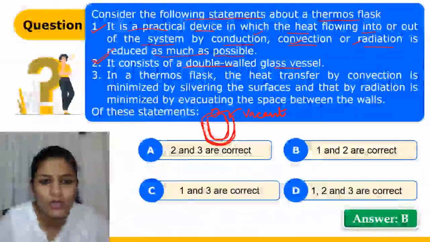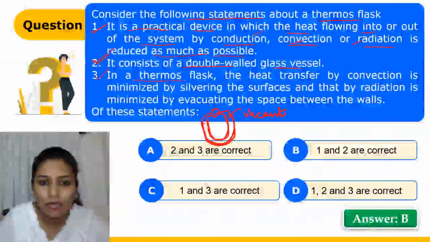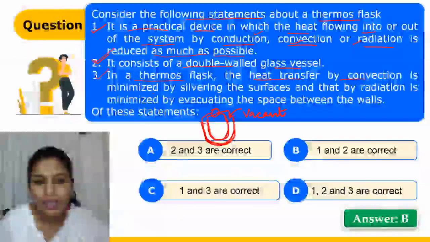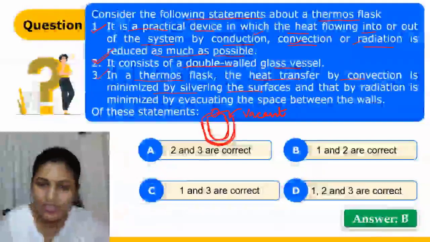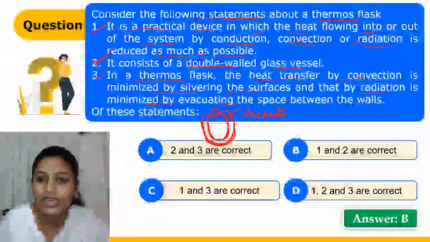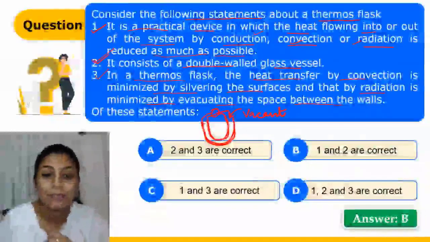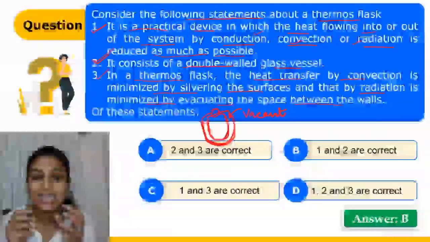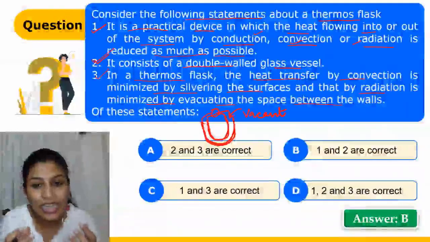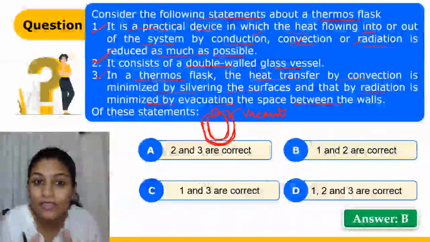What does the third option say? It says in the thermoflask, the heat transfer by convection is minimized by silvering surfaces. Okay. By radiation, it is minimized by evacuating the space between the walls. See, this part of the statement is wrong. Why? Because we know that for radiation to take place, no medium is required.